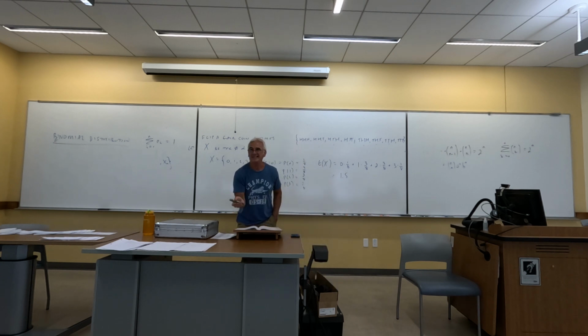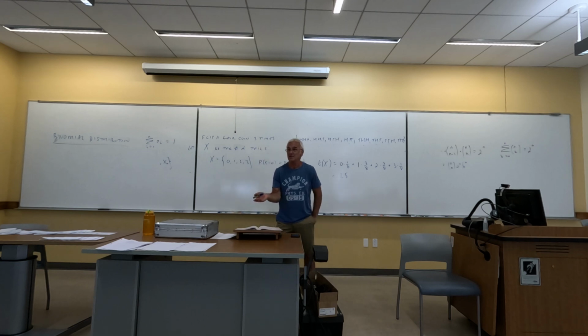If I'm rolling a die, there are 6 outcomes. That's not binomial, unless, how could I make rolling a die binomial? Odd or even. Okay, or keep it simple. You rolled a 6, or you didn't. Would you agree that every outcome on a die is a 6 or it's not a 6?